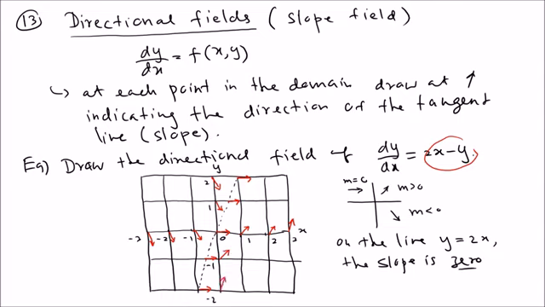And we can also draw a few more. For example, at (1, 1), you get slope 2 minus 1, so it's 1. So the slope is exactly 1 here. And if you go further, with the same y coordinate but x coordinate increasing, you get steeper, like that. Here x is -1, that means -2, and y is 1.